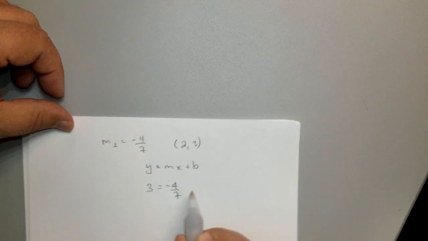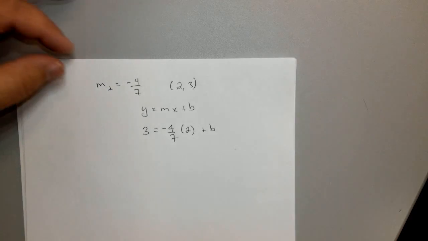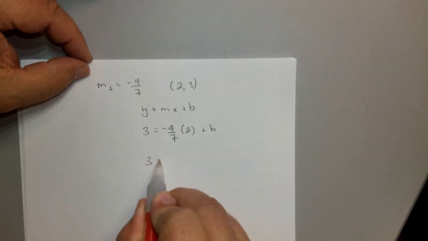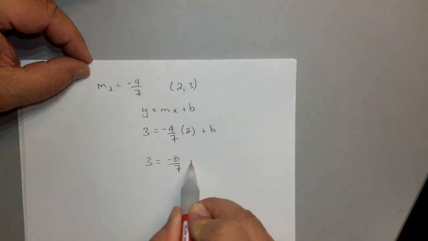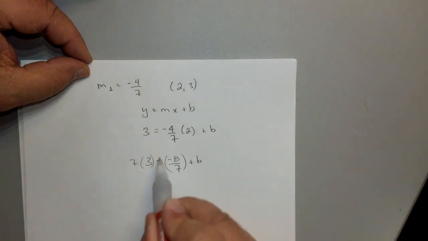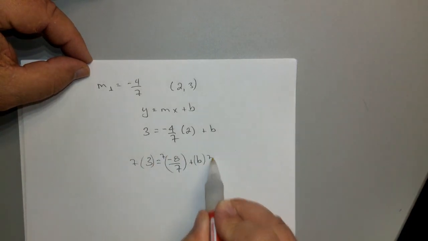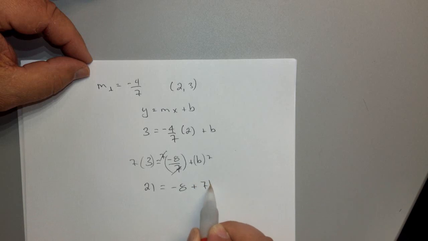Negative 4 over 7 times 2 is negative 8 over 7. Multiply each term by 7: 21 equals negative 8 plus 7b.